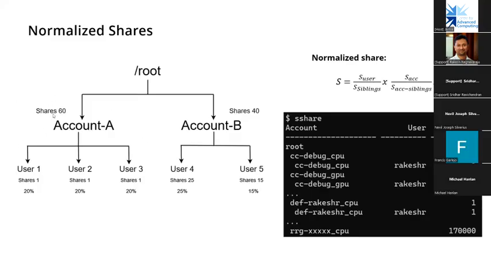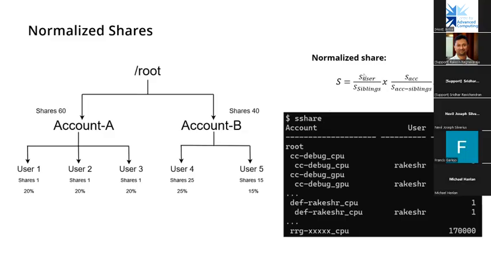Just for visibility, I made it so that everything sums up to 100. So this user has 20% of shares, this user has 20%, this user has 25, and so on, based on how I allocated the shares. In this case, you can see that we have 25 and 15, which accounts for 40% of the total.